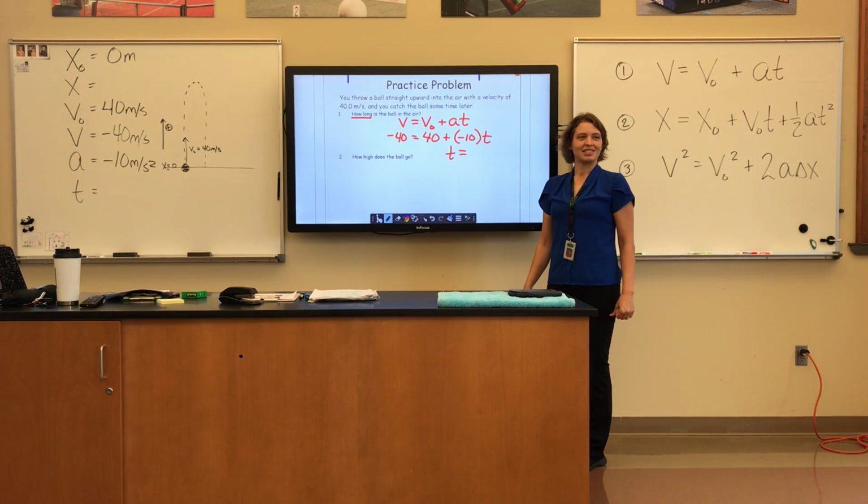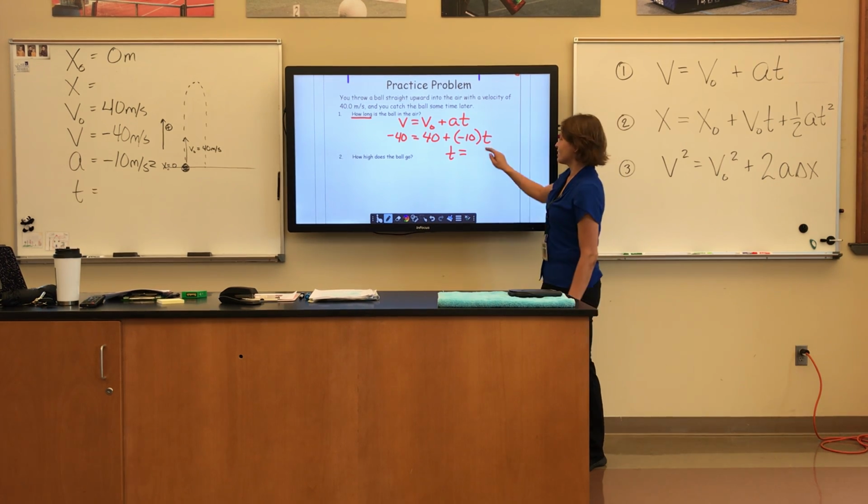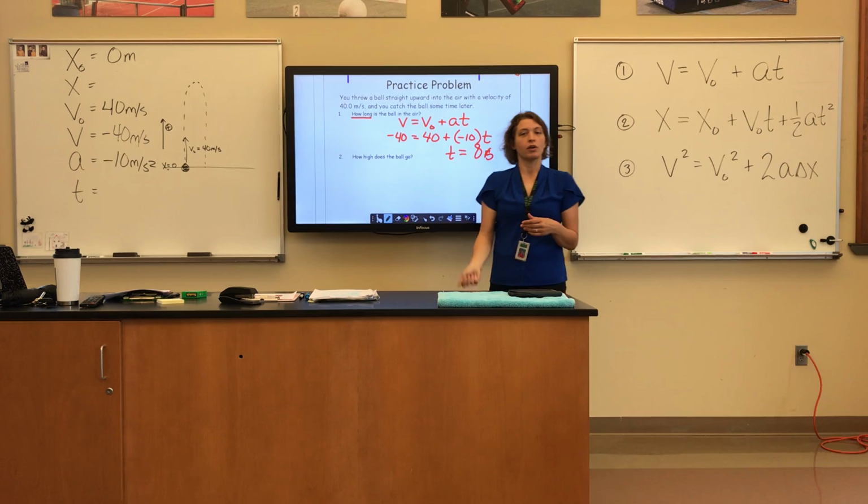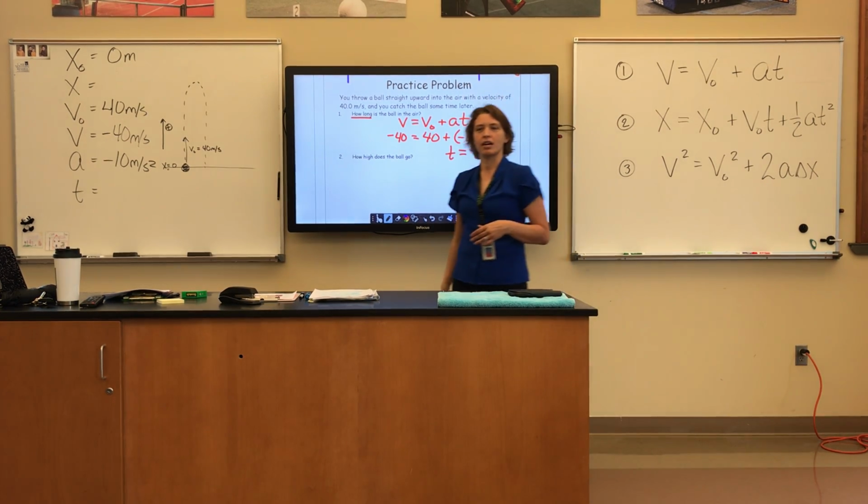What do we got? It's going to be a whole number. 8 seconds. Yeah. It takes 8 seconds for this ball to go up, reach its maximum height, and come back down again.